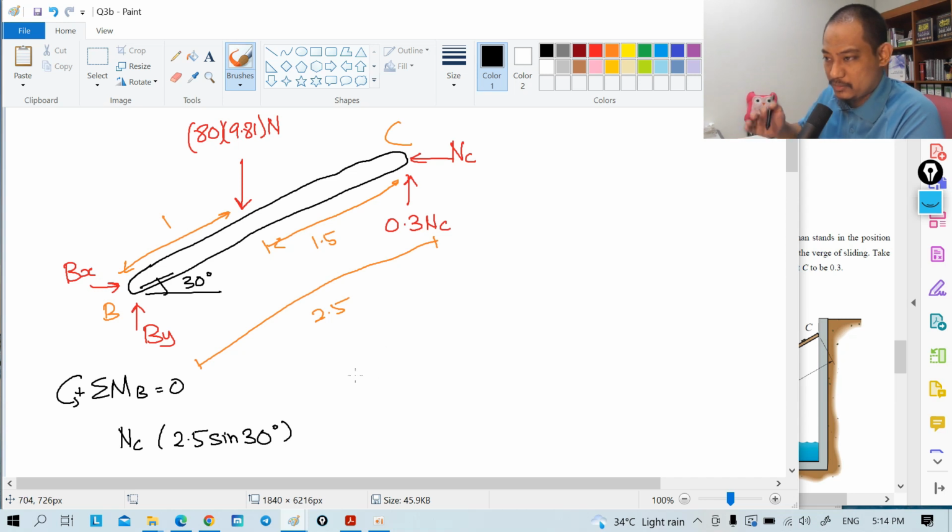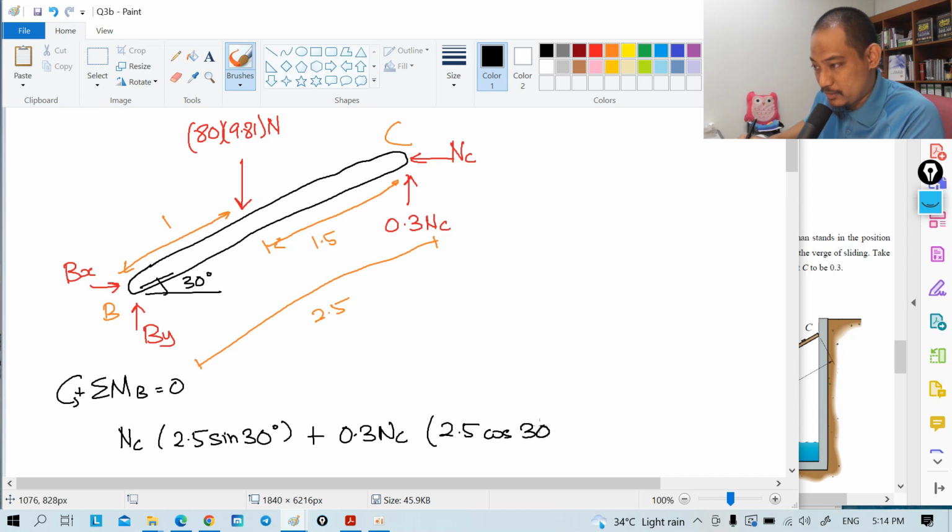And then this one is also counterclockwise, so it becomes plus 0.3 NC, and the distance is the horizontal, which is 2.5 cos 30 degrees.